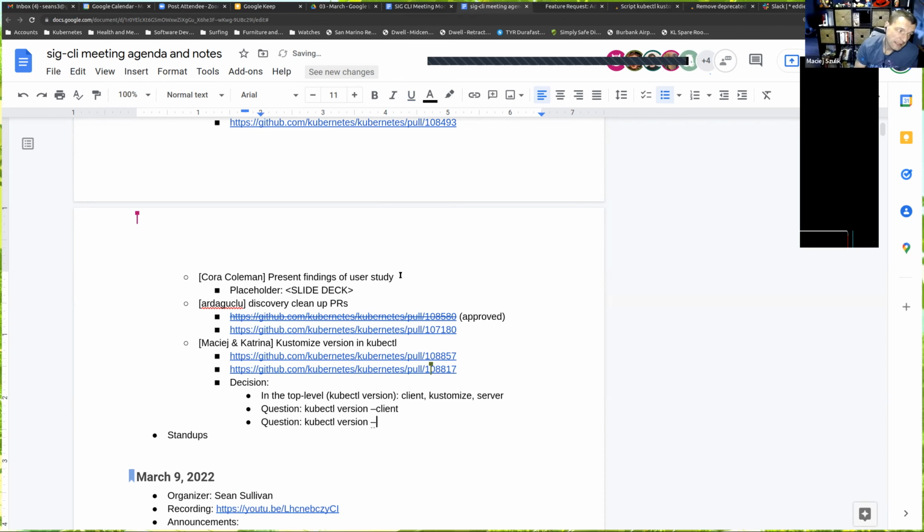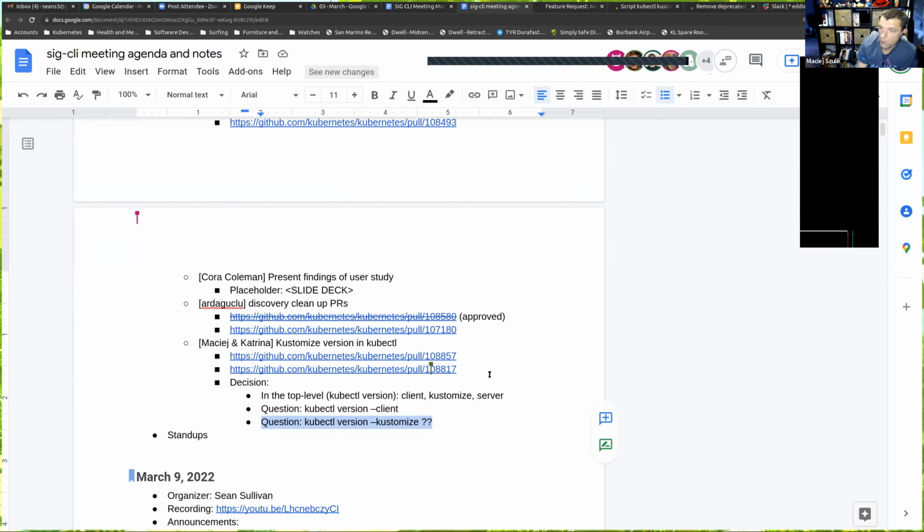Yeah. --client was meant to not require server version, and I'm hesitant on adding flags for each and every single thing, because if you ask for YAML or JSON output, you'll get more detailed information. So yes, that will be a separate field in the YAML and JSON, and you want to make sure that it also prints nicely in those two. But whether you wire it under client or not, I'm fine with either approach.